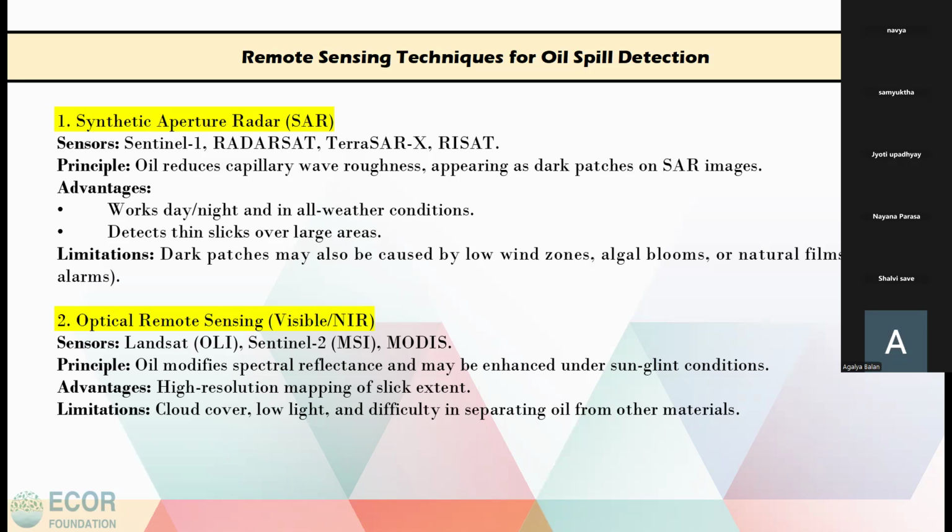So here are the basic sensors. If we are going to use SAR, synthetic aperture radar, the sensors are Sentinel-1, RadarSat, TerraSAR-X, RISAT. And if you're going to use optical remote sensing, like visible and near infrared, the sensors are Landsat's OLI, Sentinel 2's MSI, and MODIS, Aqua and Terra both.